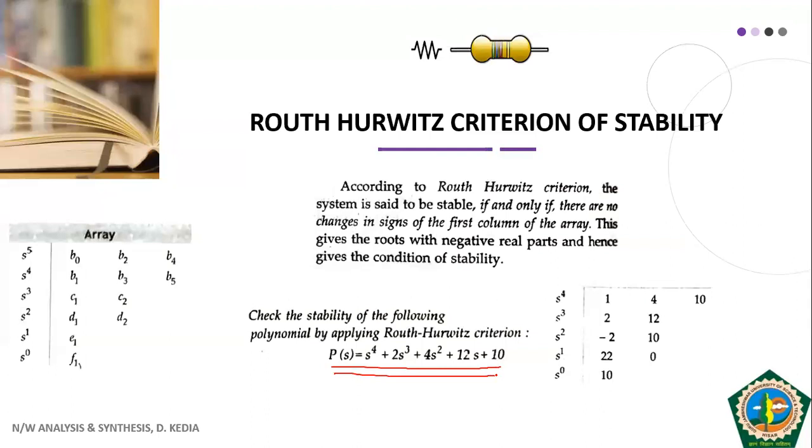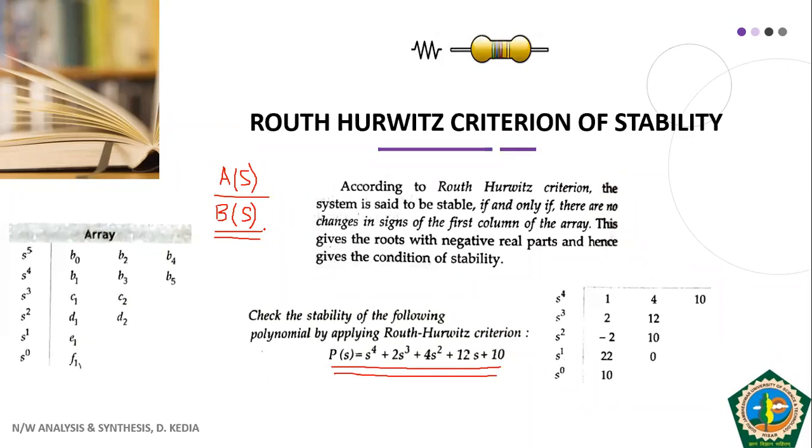Let me tell you one more thing. In case of our network function, it was a ratio of two polynomials. One is A(s), that was your numerator, and another was B(s), that was your denominator. If you remember, when we talked about the necessary conditions for transfer function, the maximum conditions were imposed on the denominator part, that is your poles part.